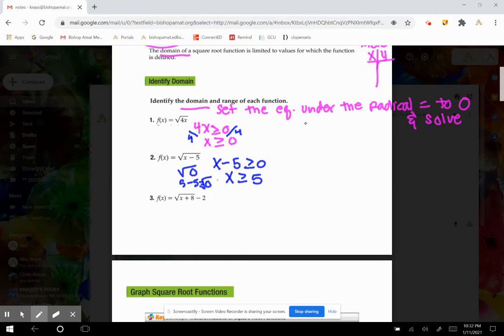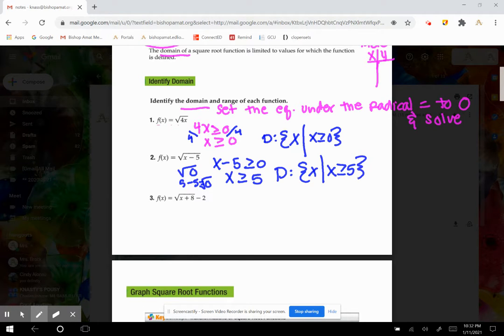And radical 0 is okay, but you don't want a negative number. So all these we're finding right here, this is our domain. So when it asks for your domain, you write it like this: x such that x is greater than or equal to 0. This one here, your domain: x such that x is greater than or equal to 5.